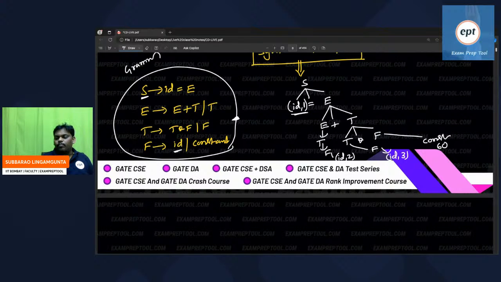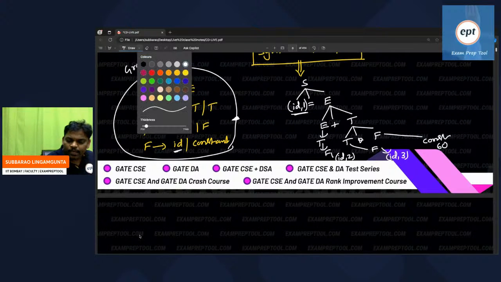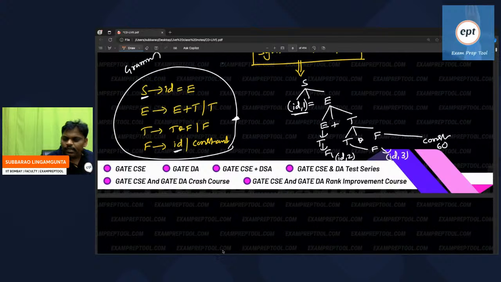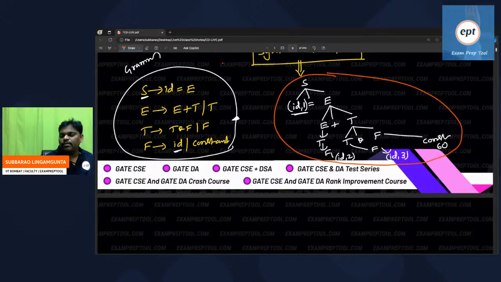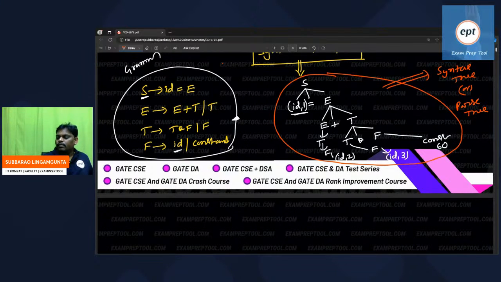The syntax analyzer output is a syntax tree, which is also known as a parse tree, also called a derivation tree.